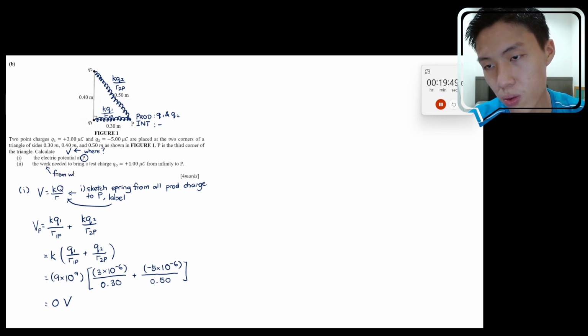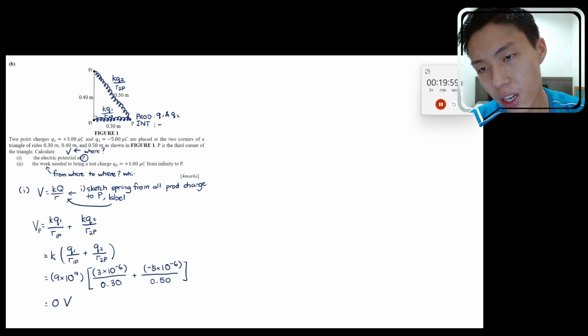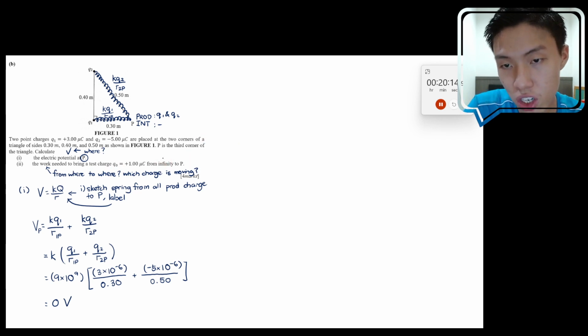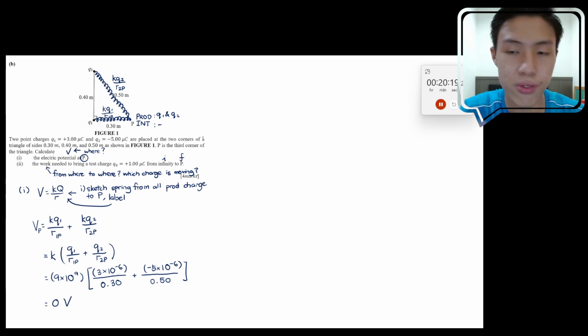You need to be very careful to look through the question to understand the charge moves from where to where. To answer the first question, from where to where? Infinity to P. So our initial is infinity, our final is P. That is very important.